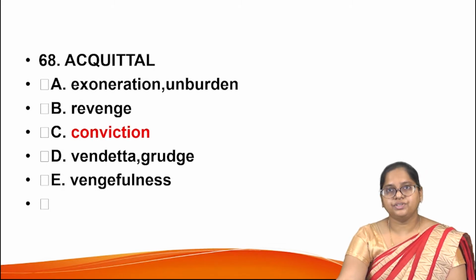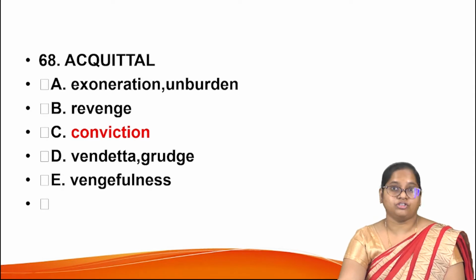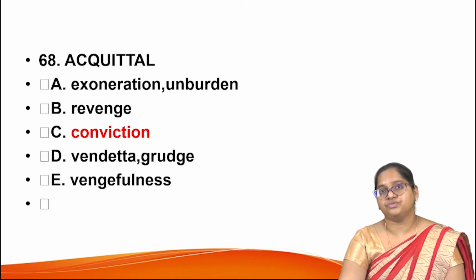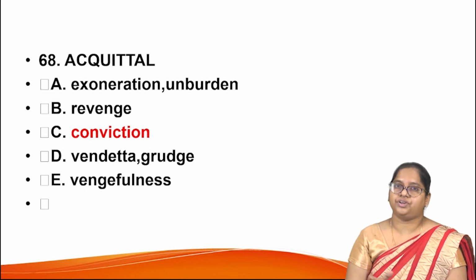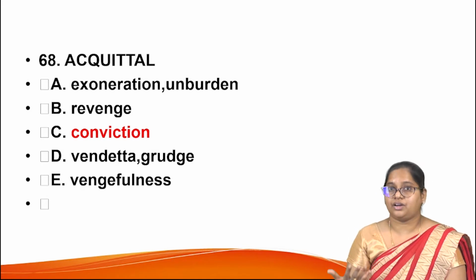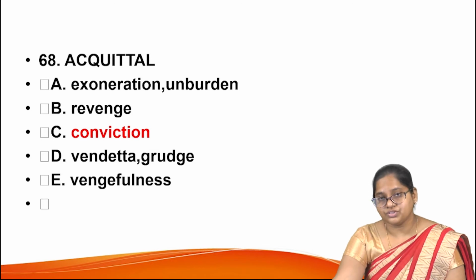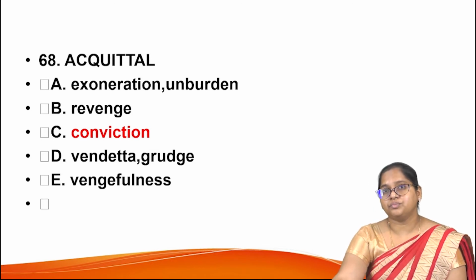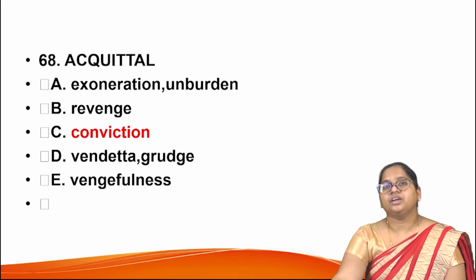Next, acquittal. The options given: exoneration, revenge, conviction, vendetta, and vengefulness. Exonerate means something which you get free of, you feel unburdened. Revenge means you no longer feel good about that person, you try to retort.